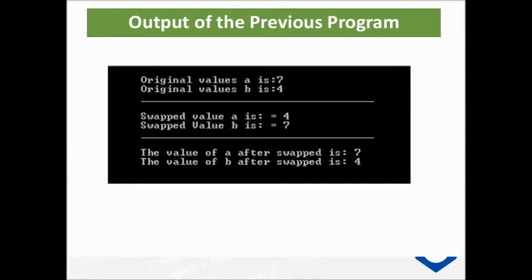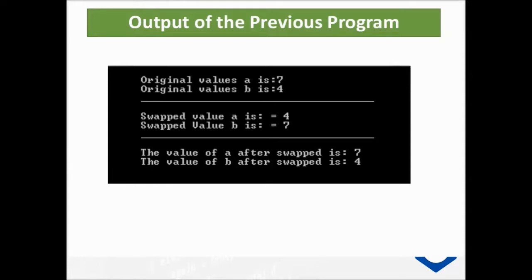The statement swap a comma b is an example of call by value, where the function swap is called by value. Here variable a and b are actual parameters and their values are passed while invoking the swap function.